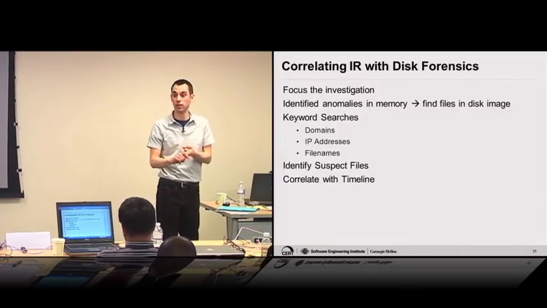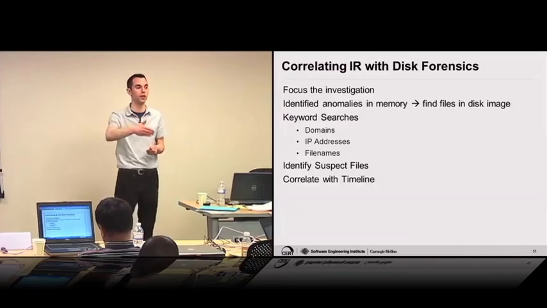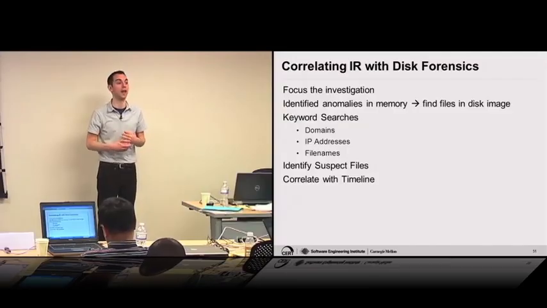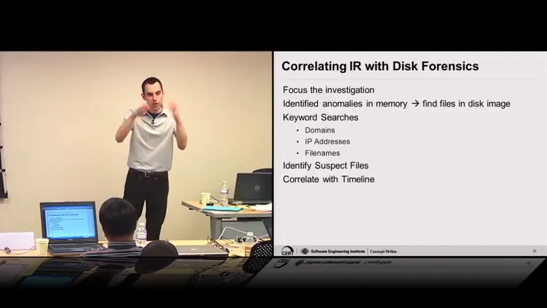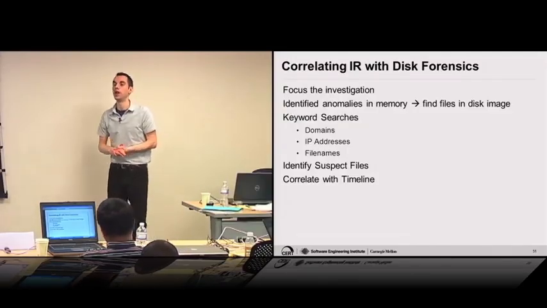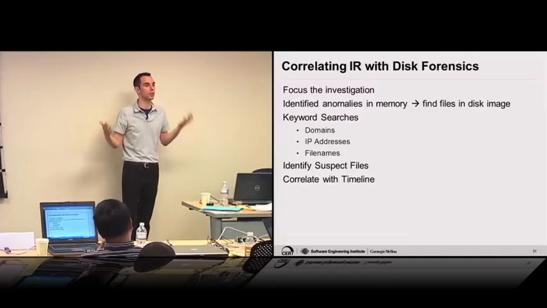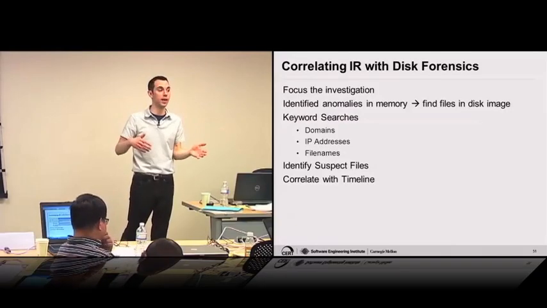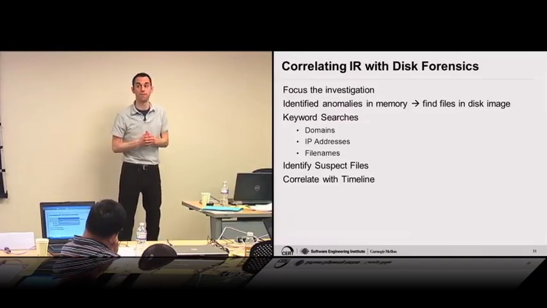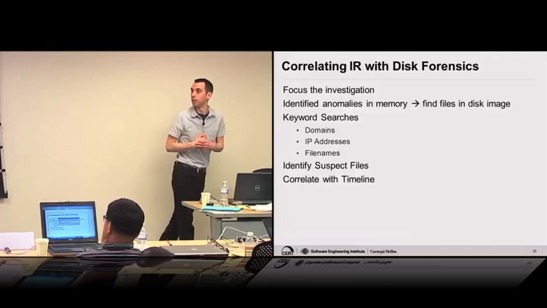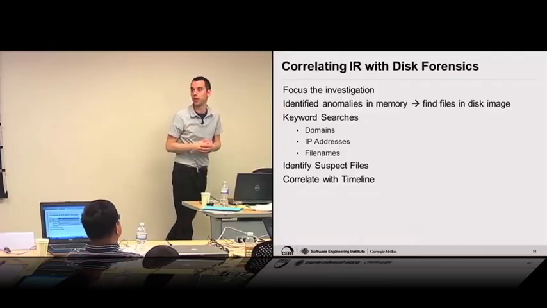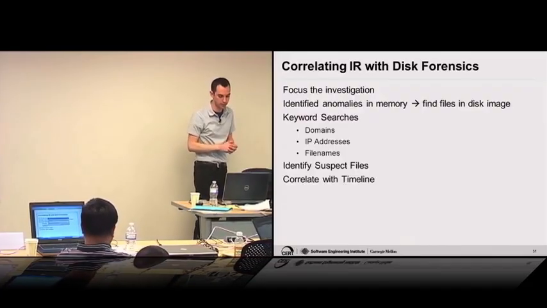We also found potentially the attack vector in the application event logs, looking at MySQL and that xp_cmdshell, right? A whole bunch of other things along the way as well. So we haven't even looked at a disk image yet, but we have a pretty good idea of what went on in the system, what files are bad, and what activity may have been conducted. And we also have some potential bad actors on those 138 and 200 IP addresses.